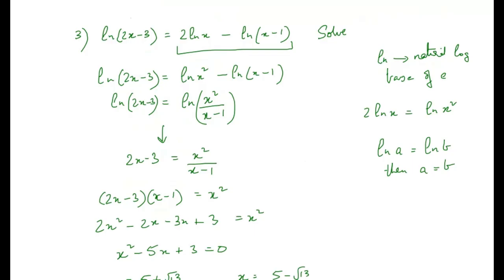I'm going to consider 0.697. 2 times 0.697 minus 3 is what I want to check.